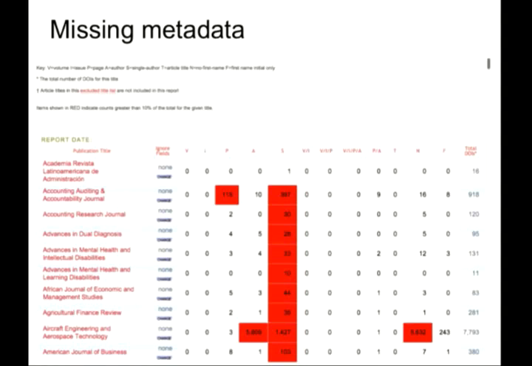The red boxes indicate that a large number of missing or inadequate metadata is in a field. But we're aware that in some fields, single authors are the norm, and lots of journals don't have a page number. So obviously, these fields are not going to be populated in every journal.